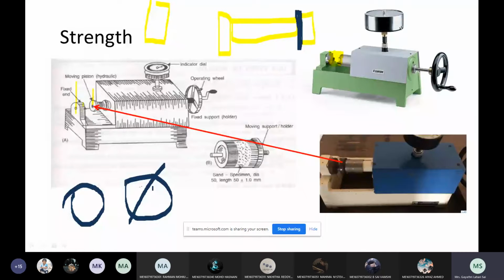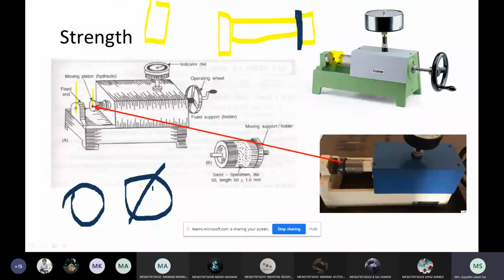So you rotate it, and after you get the rupture, you stop rotating and take the reading. Generally the shear strength of the green sand will be between 10 to 50 kilopascal. I am talking about the green sand. That's why I am mentioning green compressive strength, green tensile strength, and green shear strength.